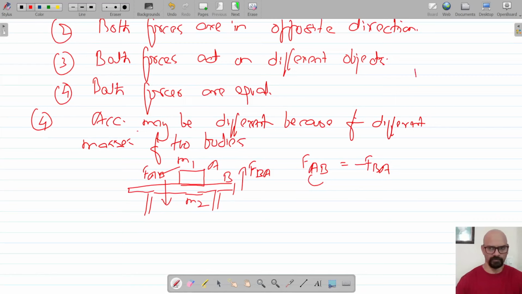Now we know that the formula for force according to Newton's second law is m into a.